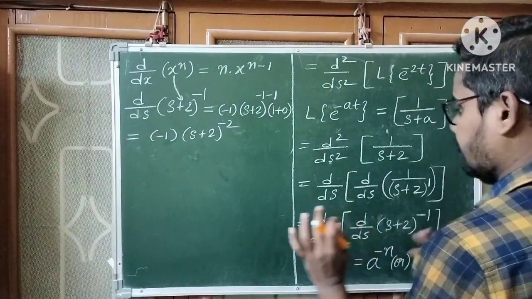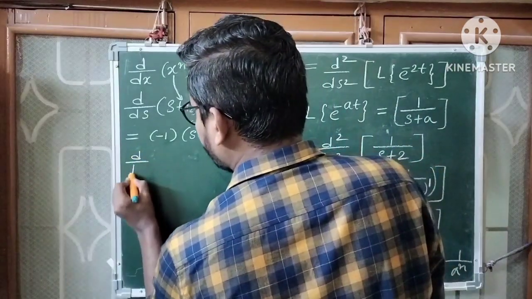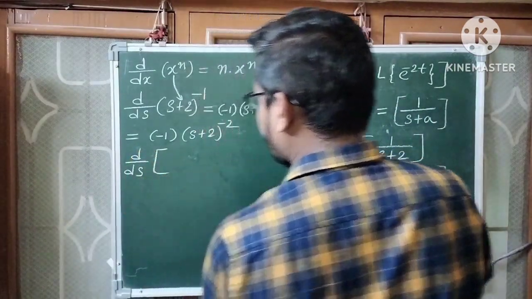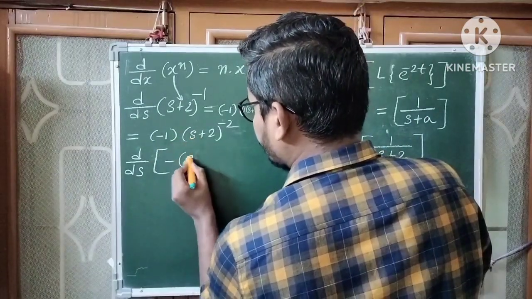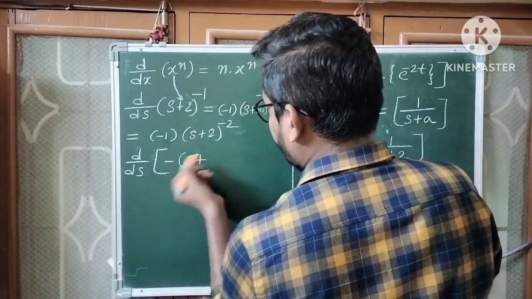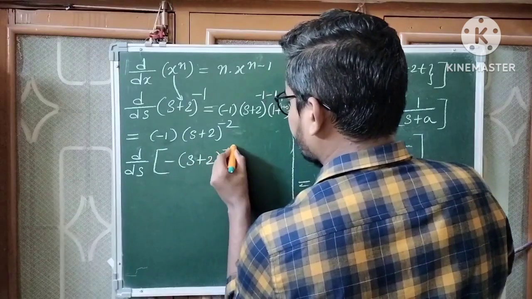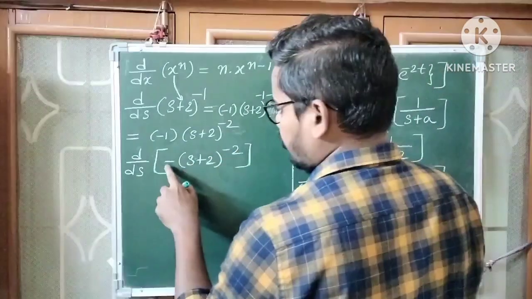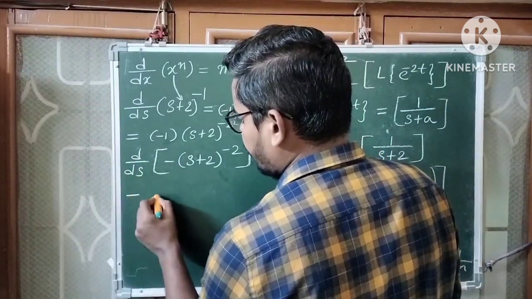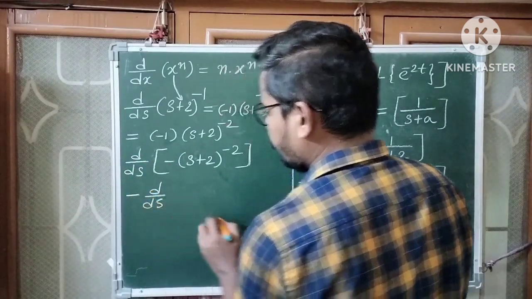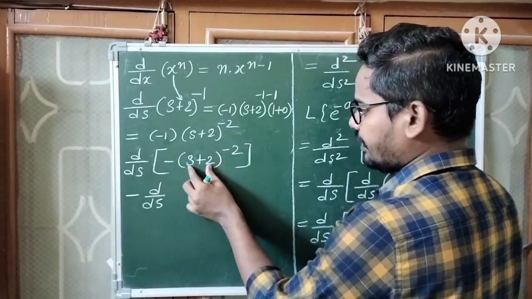Now we have got this answer. Still we have to apply the derivative once again. d by ds of this answer is minus 1 into s plus 2 whole power minus 2. We can take the negative sign out of the derivative: minus d by ds of x power n.